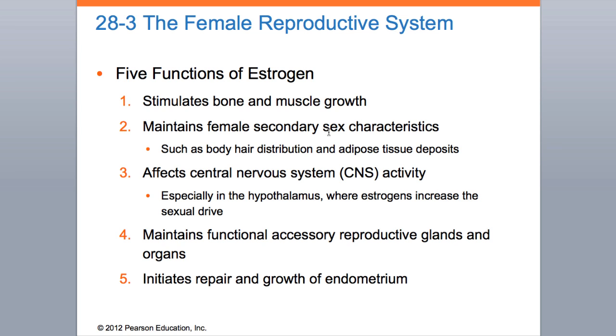Number three, affects the central nervous system, where estrogens increase the sexual drive. That's why after menopause, sexual drive goes bye-bye for both men and women. Number four, we've already looked at that. They play a role in the reproductive glands. And the last one, initiates repair and growth of endometrium.